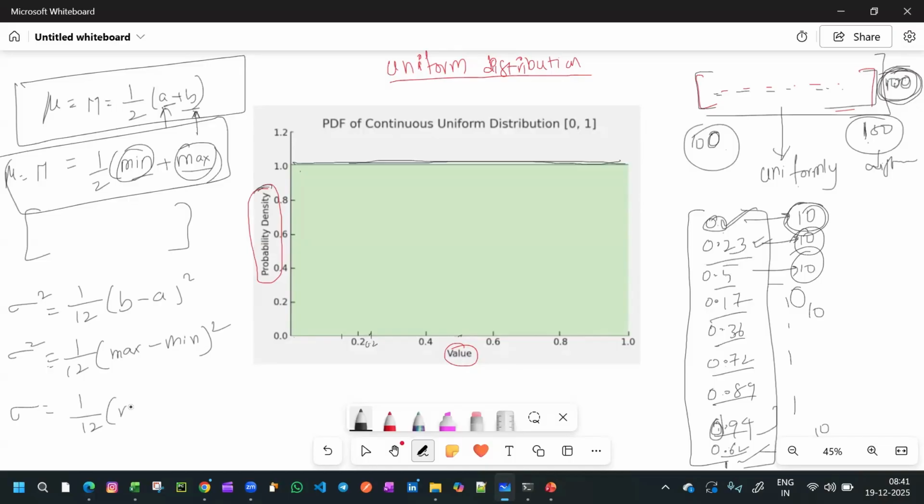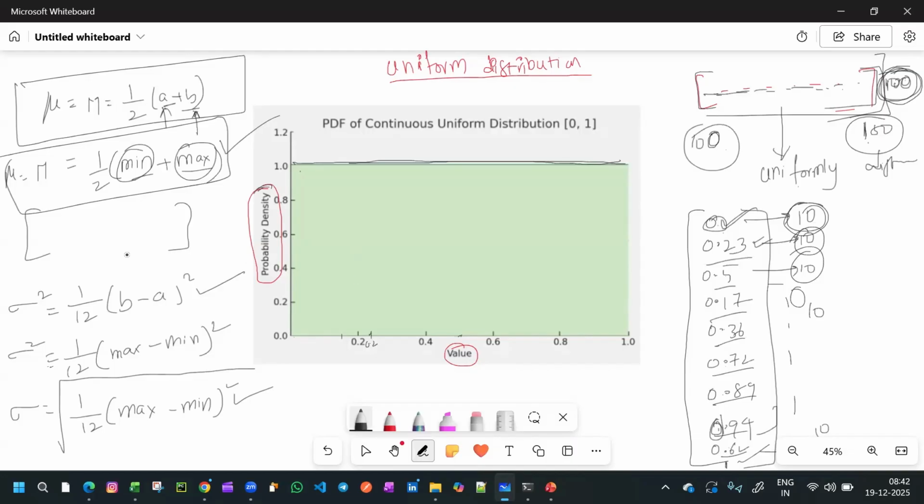So if the values in your distribution satisfy these conditions, that the mean and mode are the same, and the variance and standard deviation are these values, then it is uniformly distributed data.